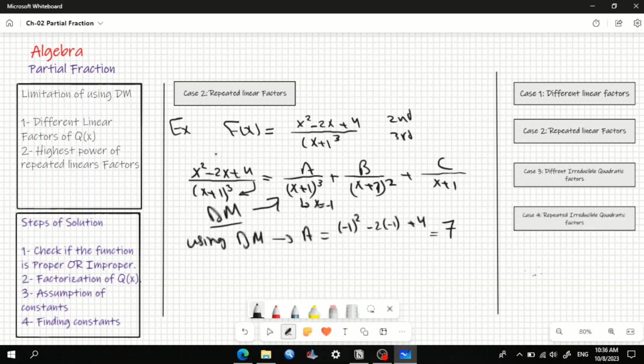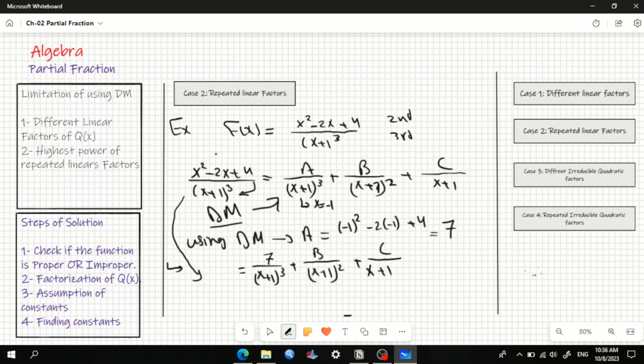Now we have this. Just rewrite that: equal to 7 over x plus 1 cubed plus b over x plus 1 squared plus c over x plus 1.